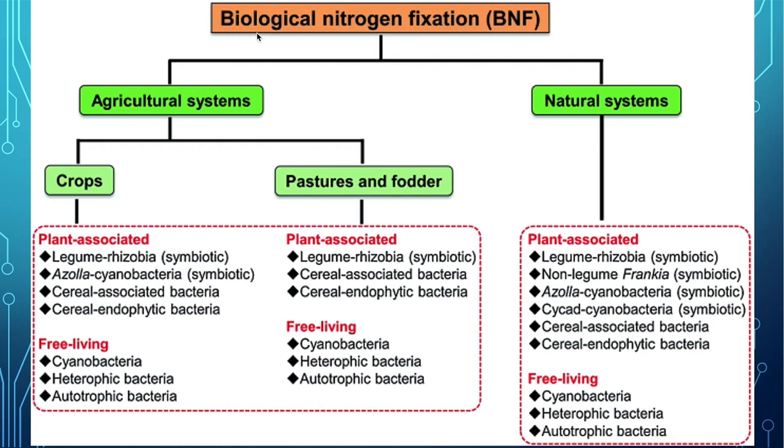Now, there are different biological ways that nitrogen can be fixed, but both of those are by nitrogen-fixing bacteria. And it happens both in agricultural systems and in natural systems. And it happens in agriculture in crops and in pastures and fodder as well.